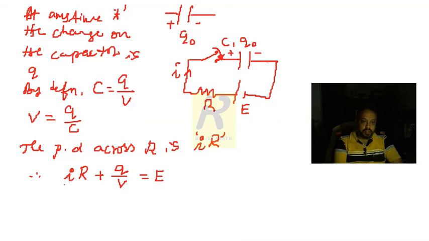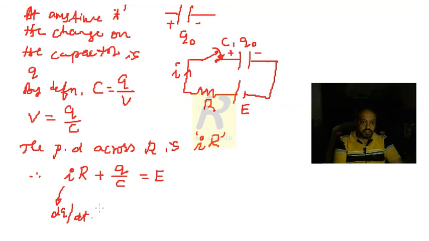So, what do we know about I? This I is dq by dt, right. I is dq by dt, and sorry, I wrote V here, so it is not V, this should be C, right.